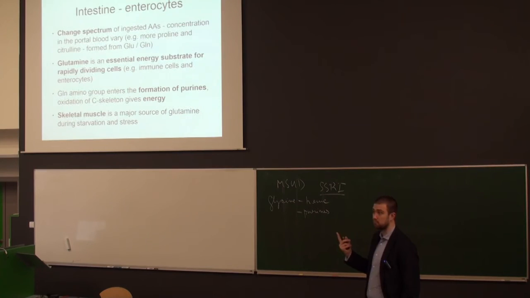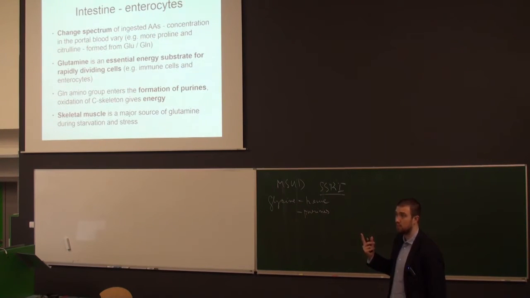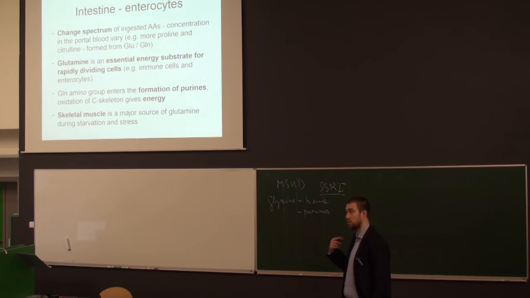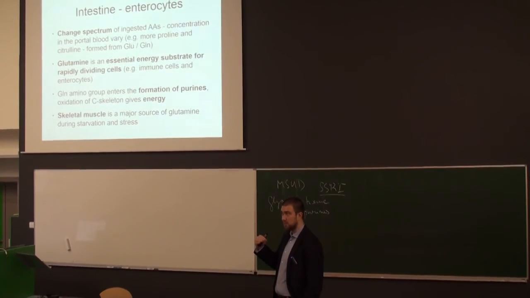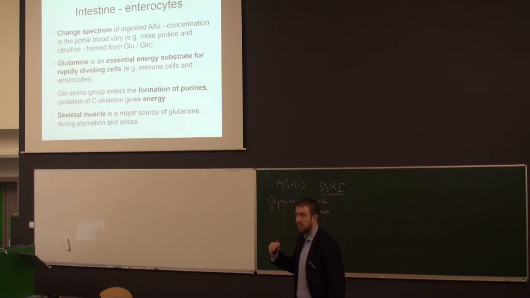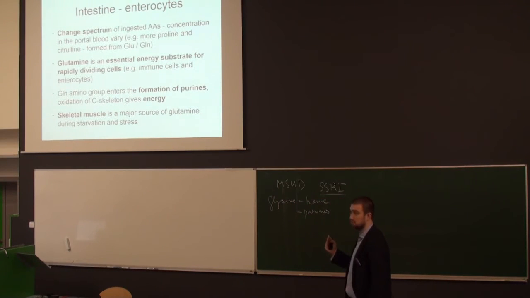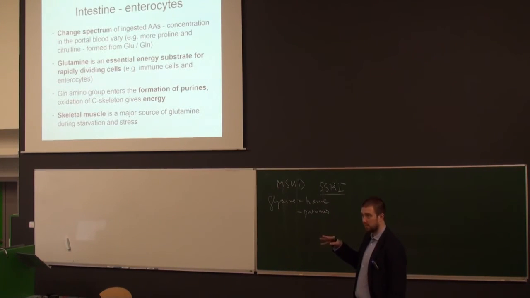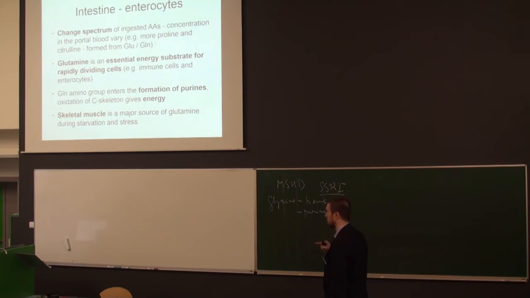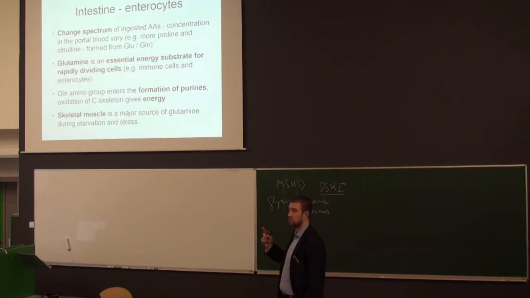The question is, what happens if you have no food in your GI tract? Therefore, you have no glutamine inside the GI tract, and the question is whether the enterocytes are starving. To some extent they starve, but this is limited by the fact that skeletal muscle cells during starvation work as the main source of glutamine for your rapidly dividing tissues.